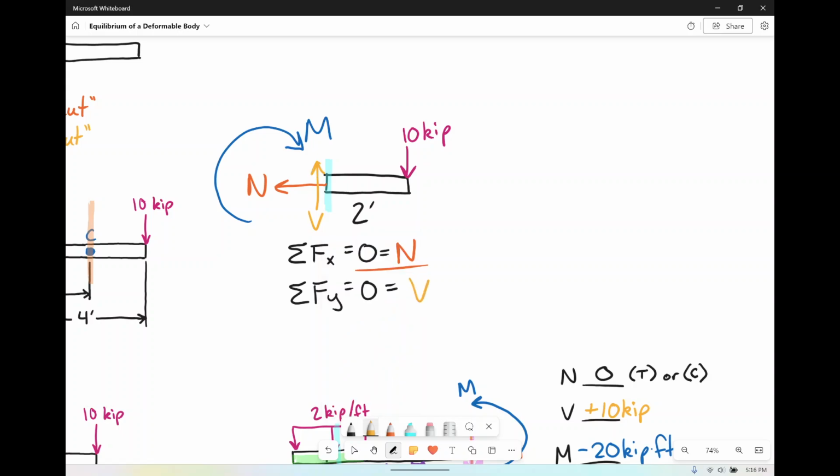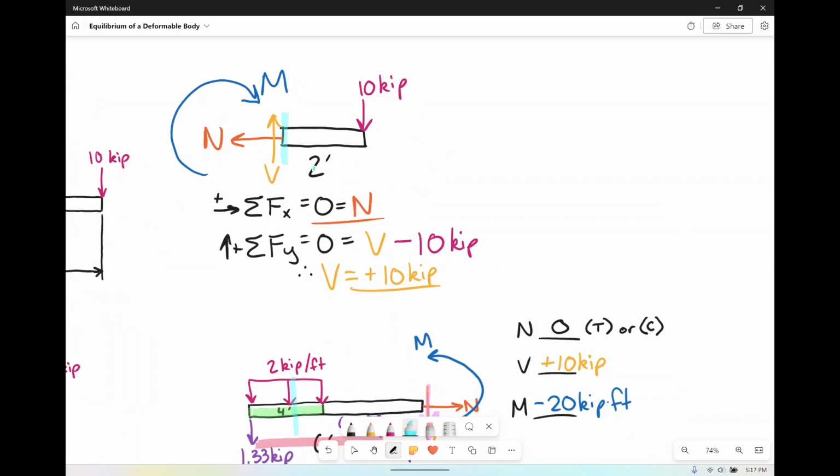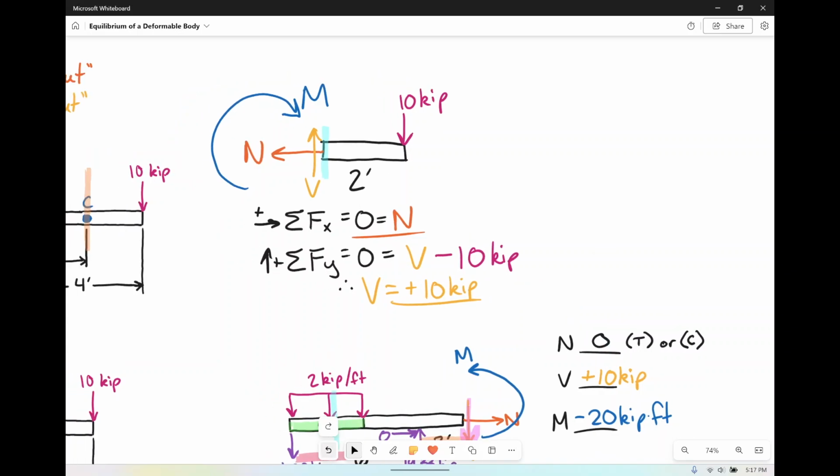He's going up. Good job. And we usually like to assume up is positive for the sake of the directions on these equations. So shear's going up, so he's a positive value. And then we have the 10 kips going down at the end, so that's minus 10 kips. Lo and behold, when you solve for that, you get shear to be a positive 10 kip. And that is, again, the same answer. Wow. Like I said, they work.